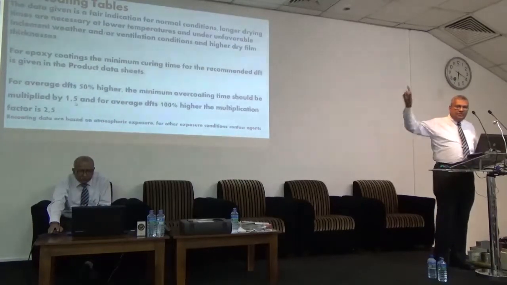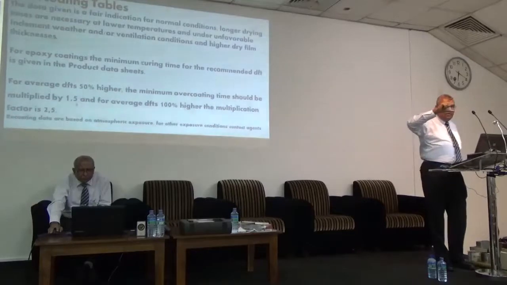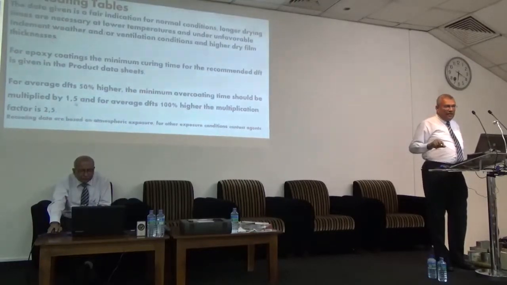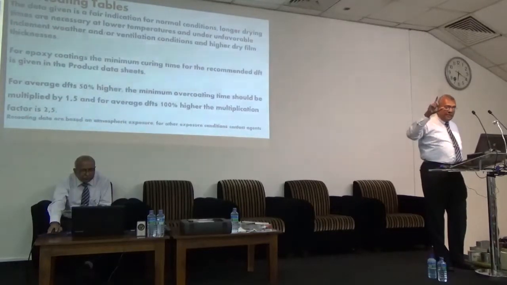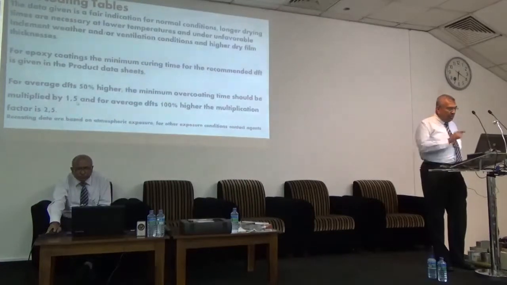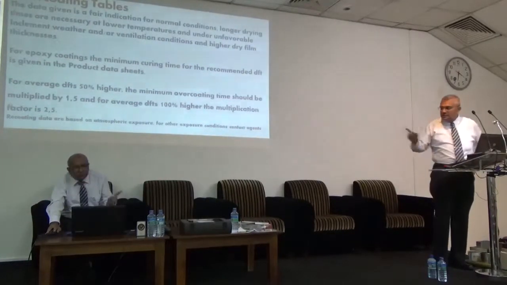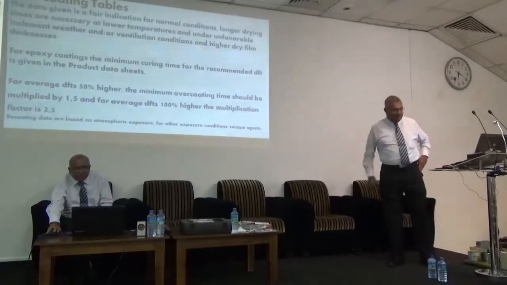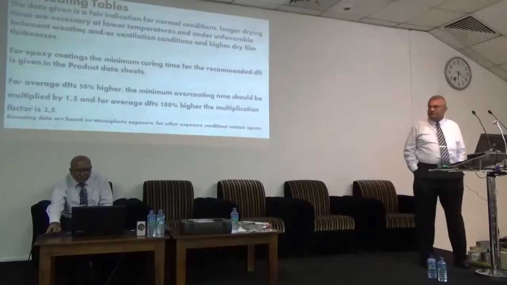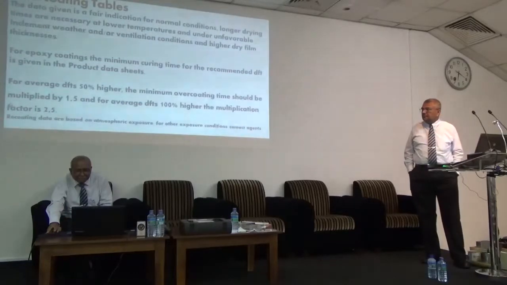Now for instance, the chart showed for 50 microns 4 hours. But if the DFT is 75 microns, then your overcoating interval is not 4 hours, it is 6 hours. You have to multiply by 1.5. Yeah, there is an animation. The animation illustrates solvent entrapment between 2 coats of paint.